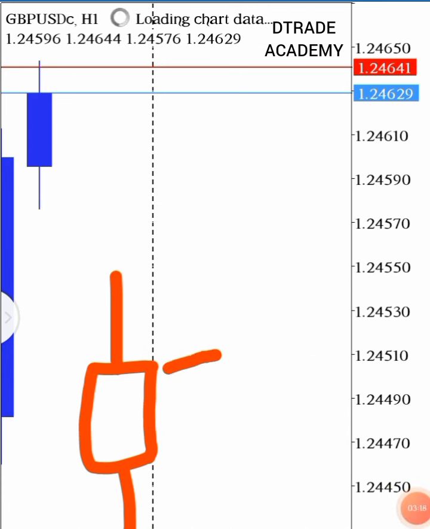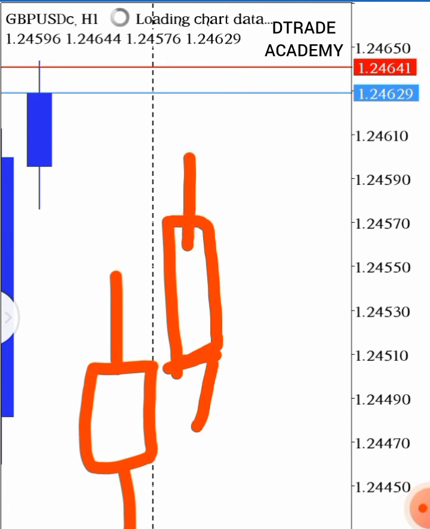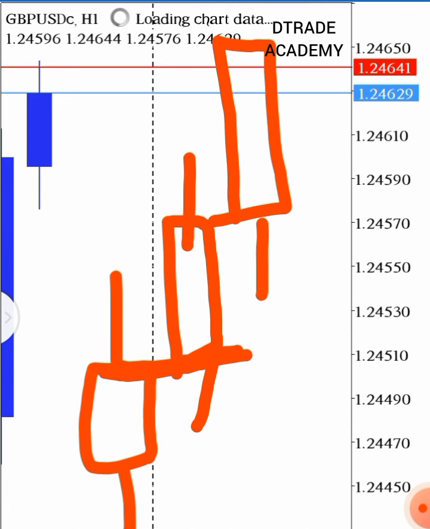Let's say it's a bullish market. You can see the candle wick overlaps the opening price here. Then for the next one, you can see the wick overlaps here. So there is no imbalance.